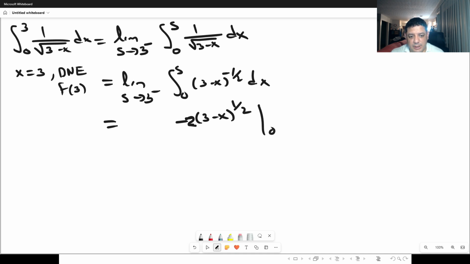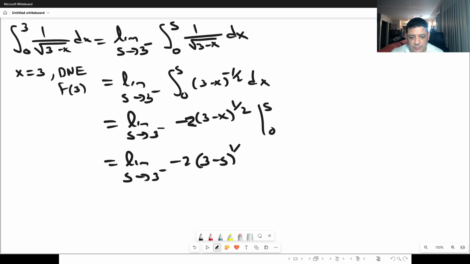And now this is the limit as x goes to 3 from the left side of minus 2 times (3 minus x) to the 1/2, between x and 0. And so plugging in the limits of integration, we have minus 2 times (3 minus x) to the 1/2, minus, and now I plug 0 here, so plus 2 times 3 to the 1/2.